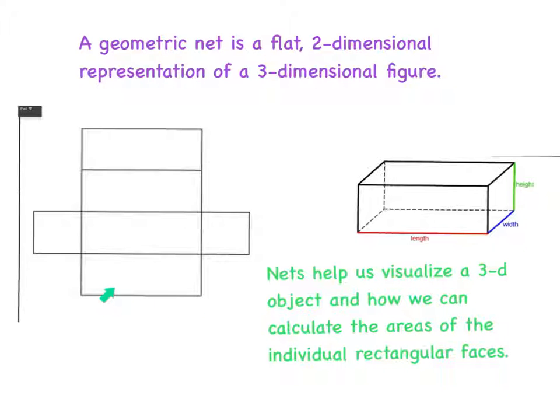The surface area is just going to be the area of each one of the rectangles in the net added together. So the surface area is the sum of the areas of the 6 individual rectangles. What's really important about a rectangular prism is that it has to have a net that has 6 sides. 1, 2, 3, 4, 5, and 6.